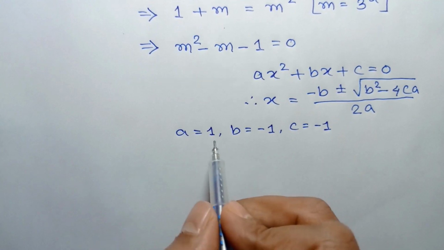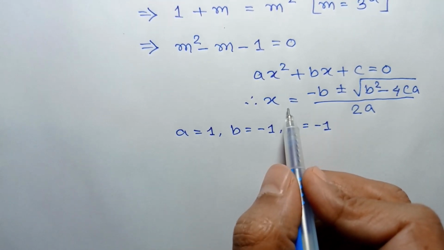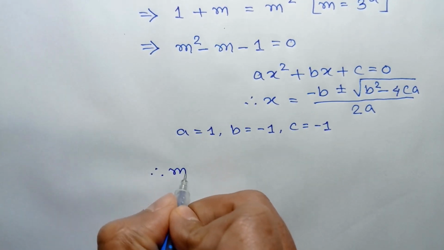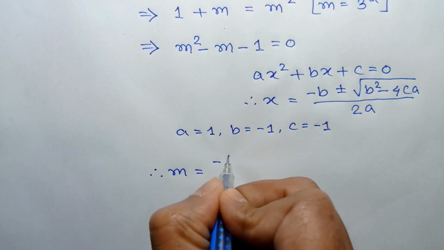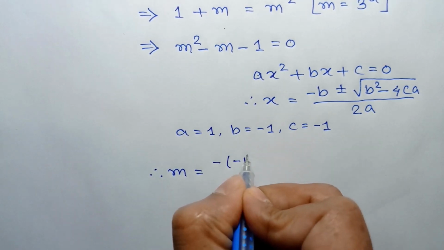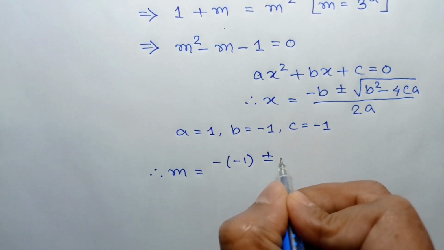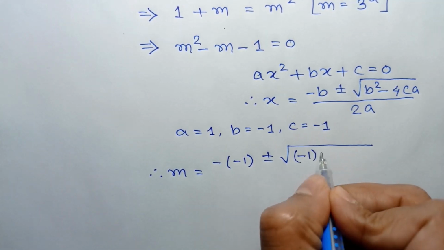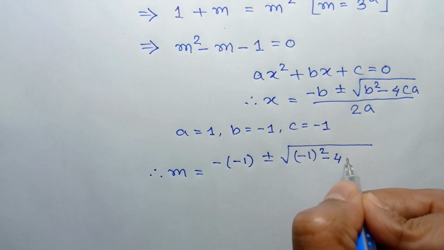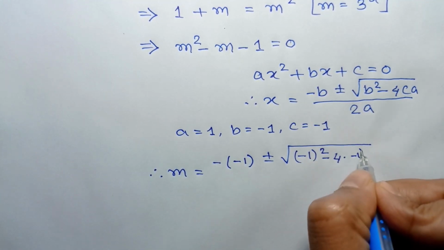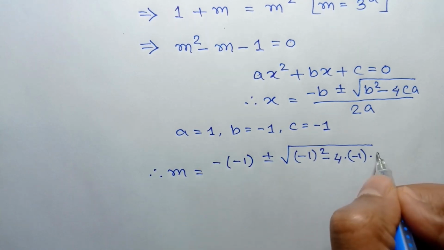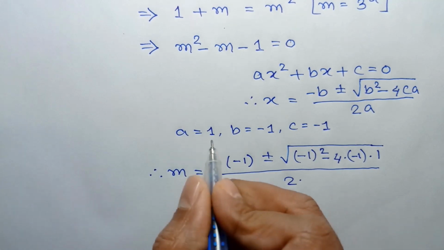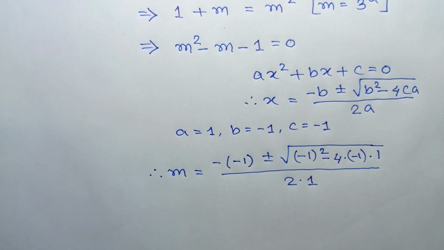Now substituting these values in this equation, we will have the value of m is equal to negative of b, which is negative of negative 1, plus or minus square root of b squared, meaning negative 1 whole squared, minus 4 times c, which is negative 1, times a, which is 1, over 2 times a, which is 1.